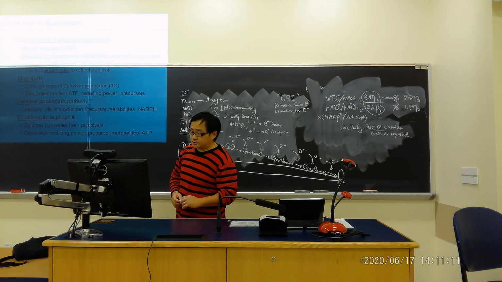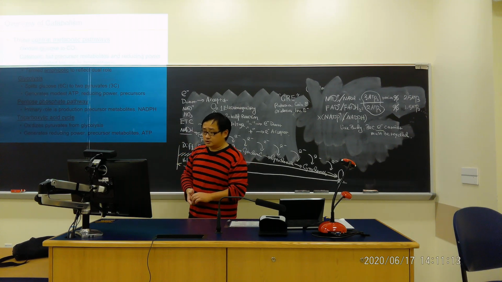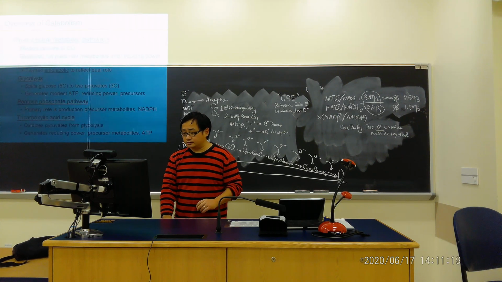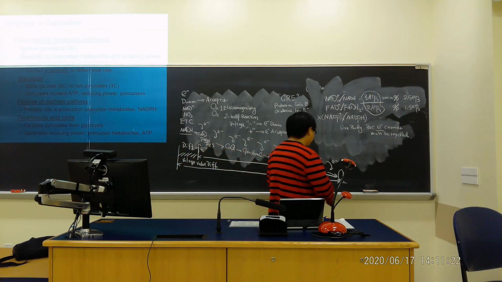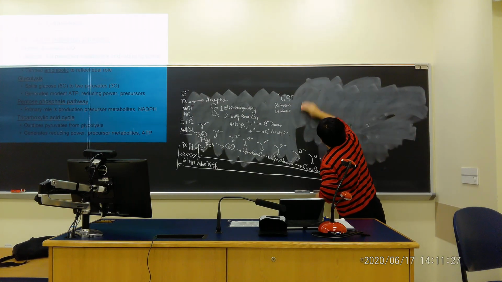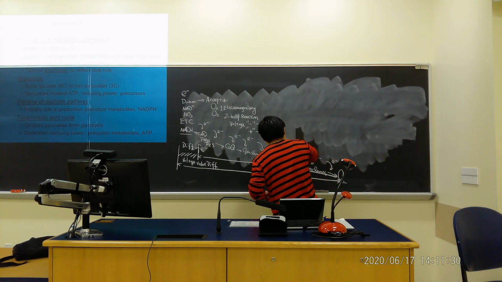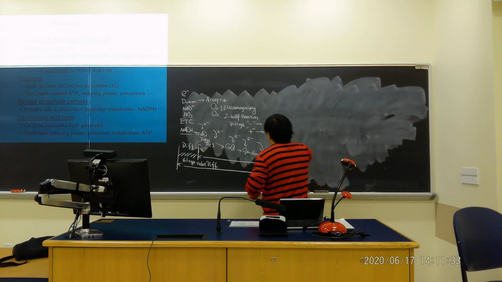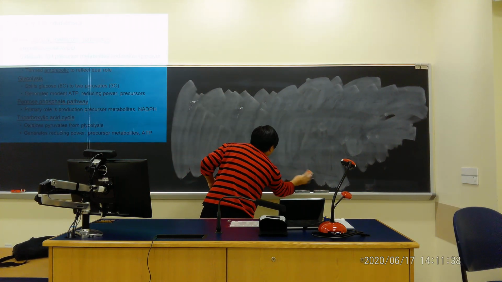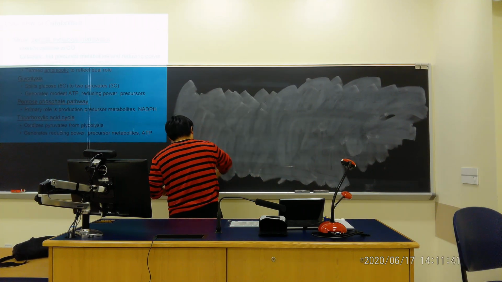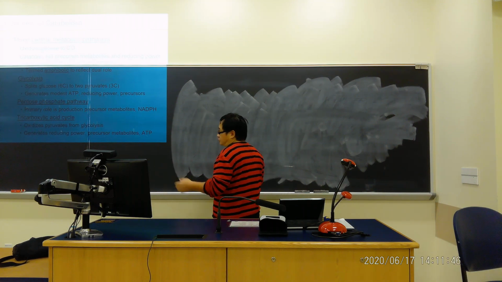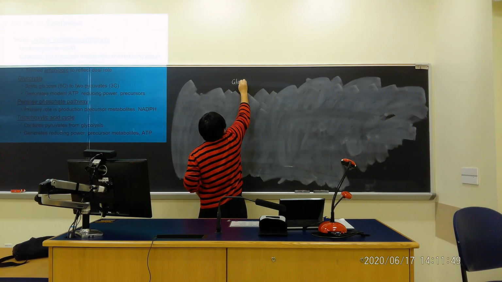Okay, now this is the central metabolic pathway. So we want to talk about these, and then typically we want to talk about these calculations. The central metabolic pathway we talk about here is actually coming from glucose.